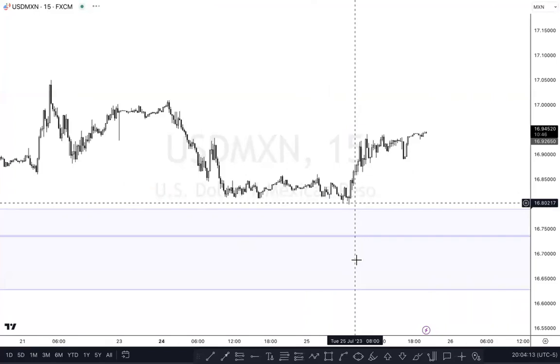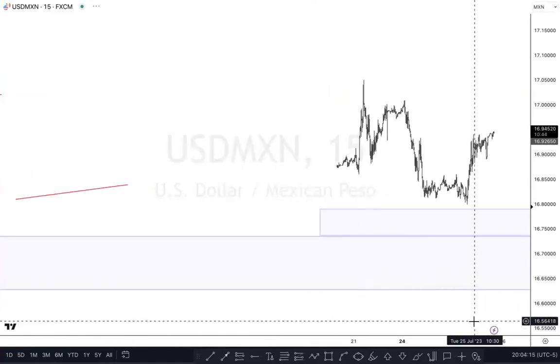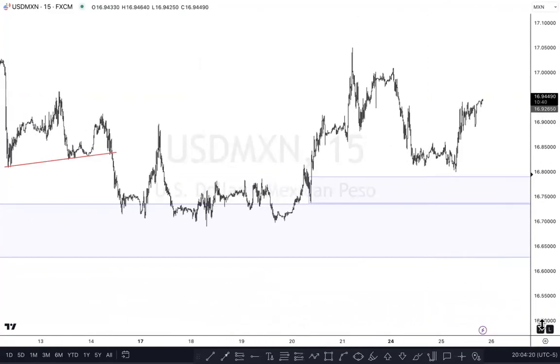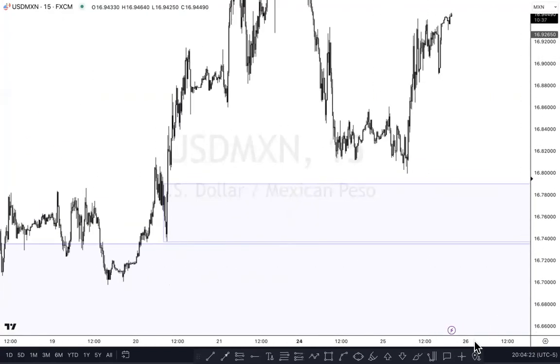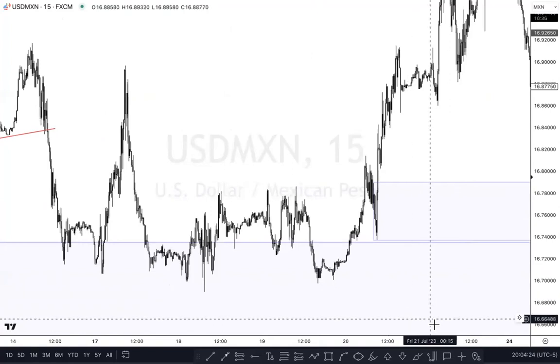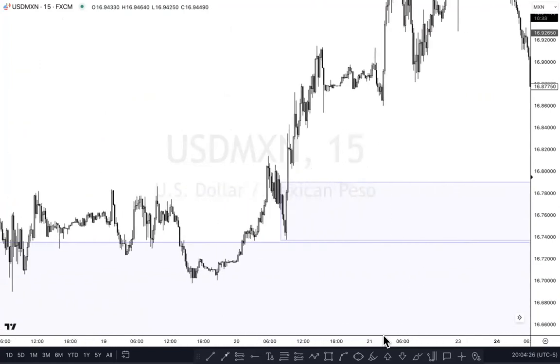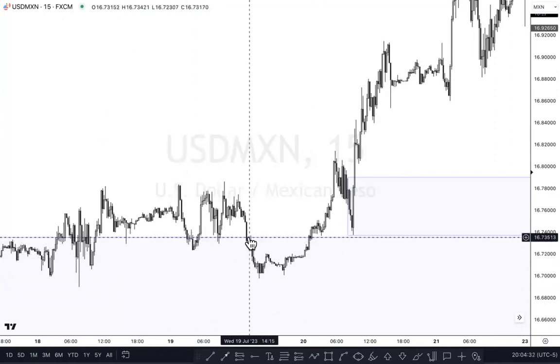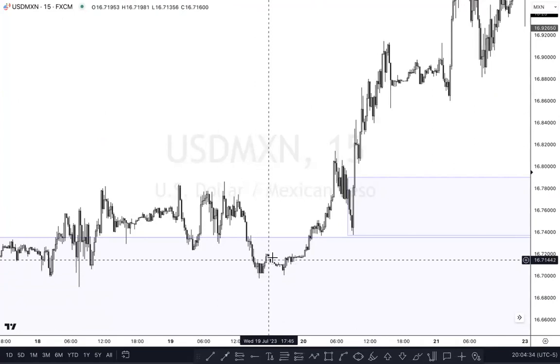But let's go to the 15 on the peso. And you start to see the shift, right? This was really probably the best entry that you could have had was over here. And we see equal lows, right? Support, support, support. Market dips under.